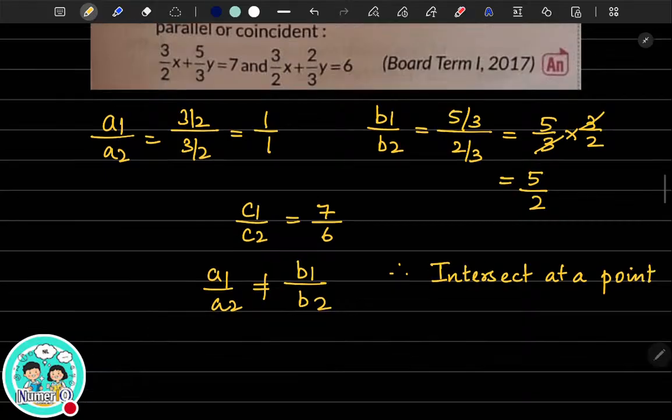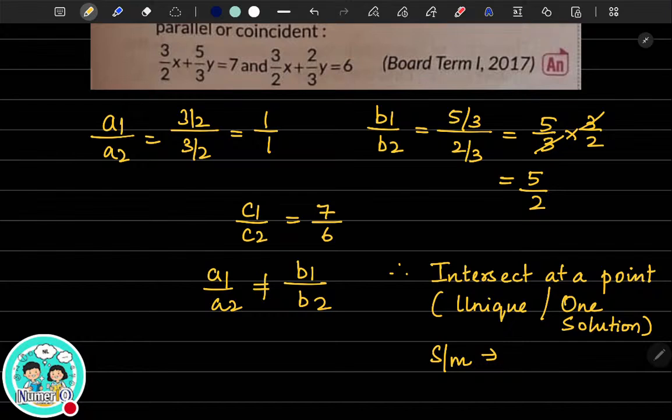Correct, absolutely right. So how many solutions will it have? It will have a unique solution, or exactly one solution. And the system of these two equations is said to be consistent. Yeah, it's the first scenario.